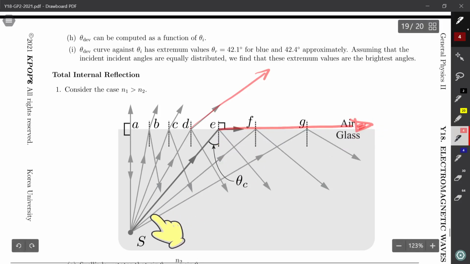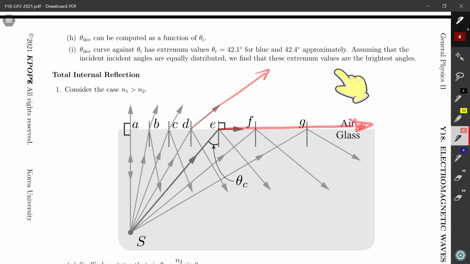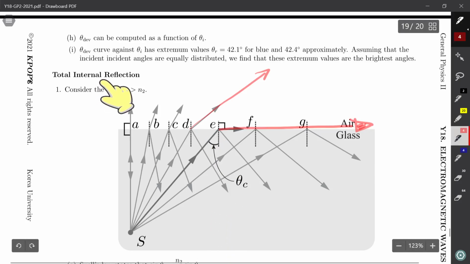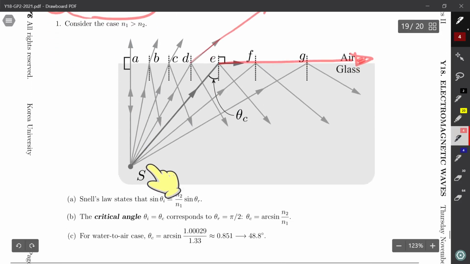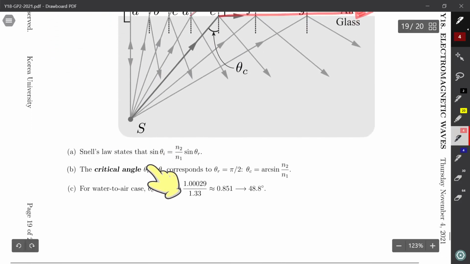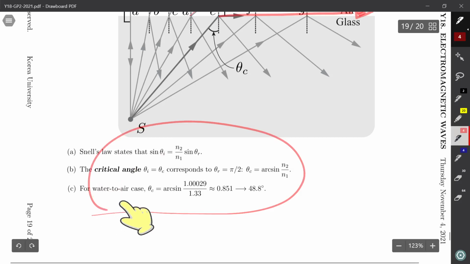And then if we increase the angle further, no light passes through the interface. Only the reflection exists. That is called total internal reflection. That can be computed with this.